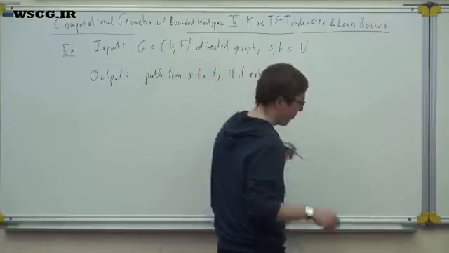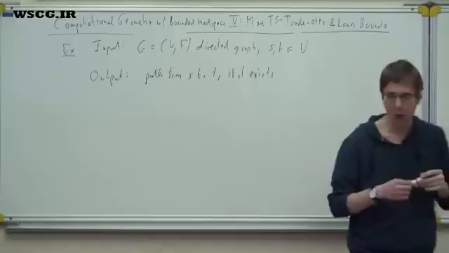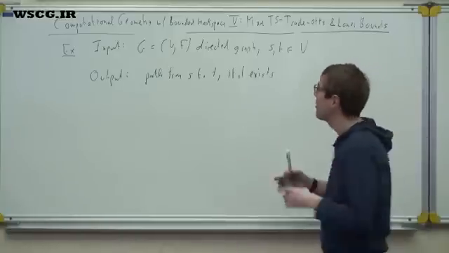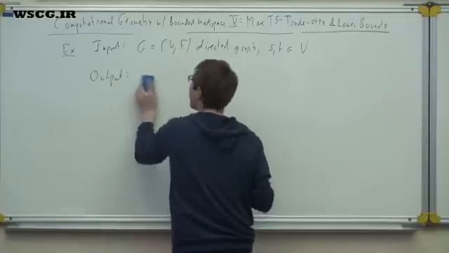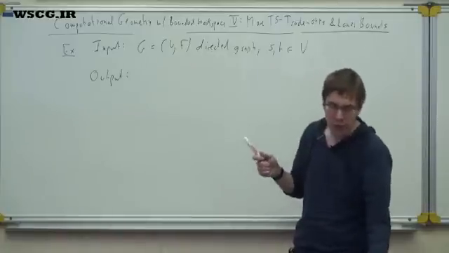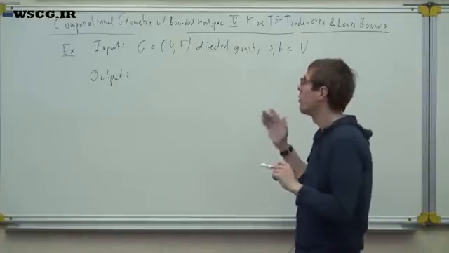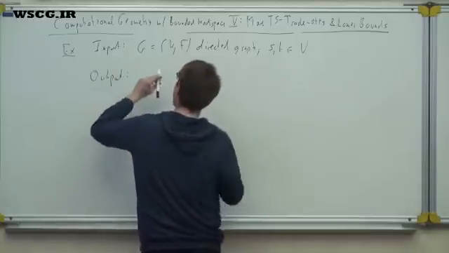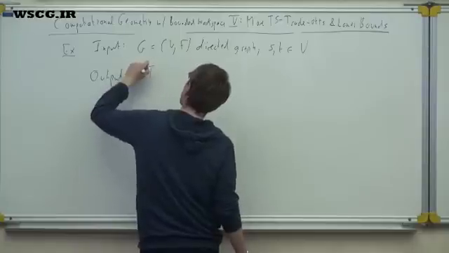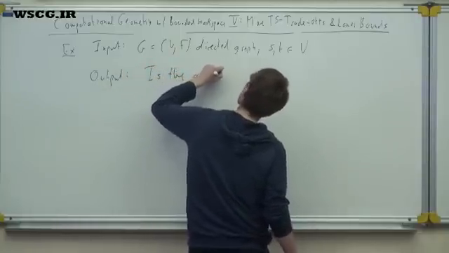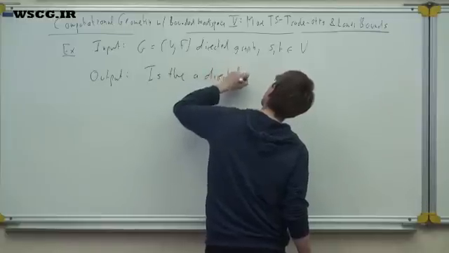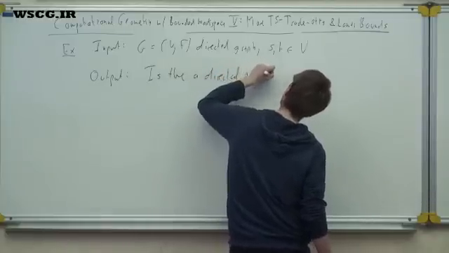We don't know if the graph is connected. And I'm sorry, this has to be a decision problem, right? So this is not in NL as stated, because it outputs something which is not 0 or 1. So the output is: is there a directed path from S to T?